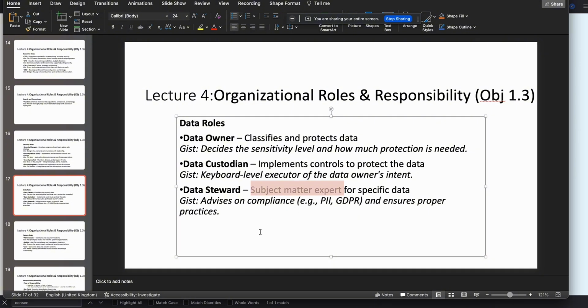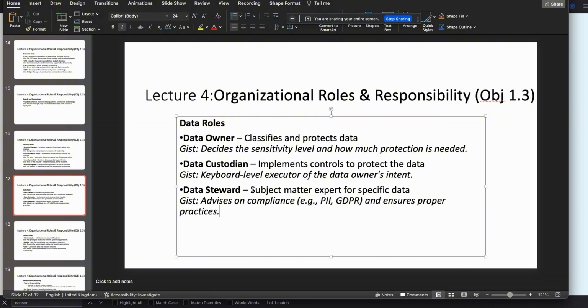So they also give advice on compliance, like, okay, we cannot collect this data because it's SPI data and we are not authorized by any legal requirement. We have no legal obligation, so we are not going to collect this data. They will advise this to the data controller. Now the data controller says, okay, this is the expert, I should listen to them. Okay, so this is the data steward.